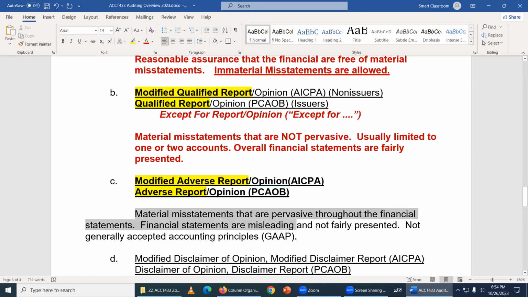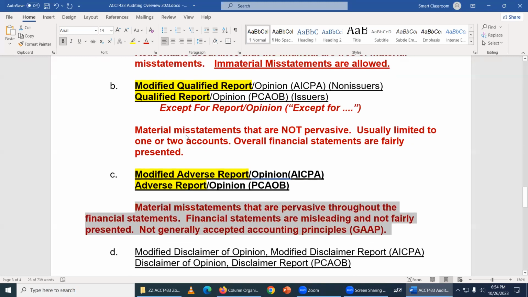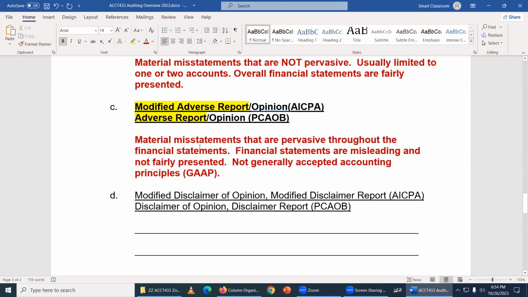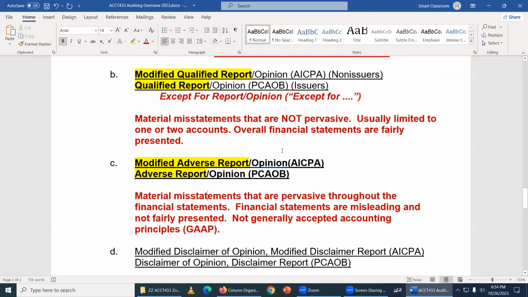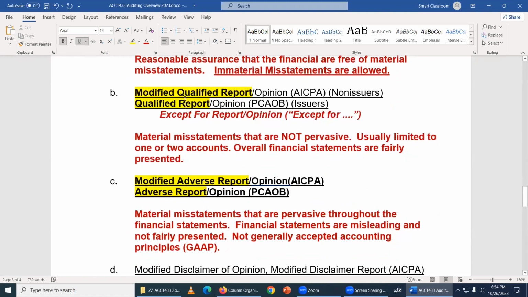Let me clean that up a little bit. So this is the worst one you can get. Now, these two, the modified qualified report and the modified adverse report, are fairly rare. And they're rare for a good reason, and that is that the dollar amount that they are misstated by will be shown in the report itself.